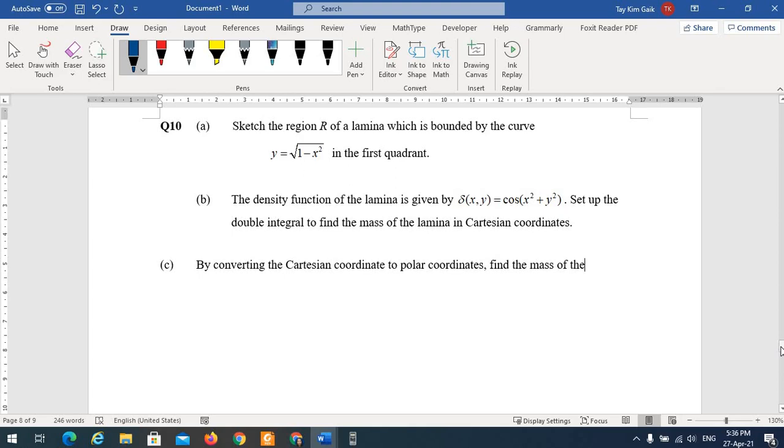This equation, when you square it back, you have y squared equal 1 minus x squared, or x squared plus y squared equal 1. When you square back, this is actually a circle. But if y equals square root 1 minus x squared, this is actually the upper circle, upper semicircle, sorry.